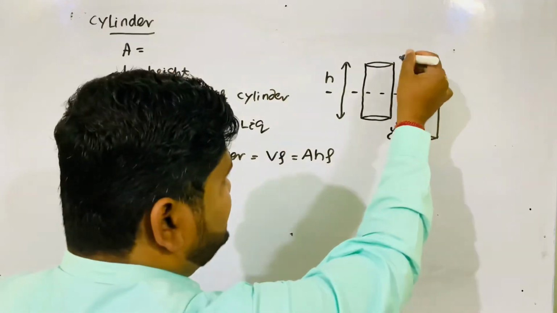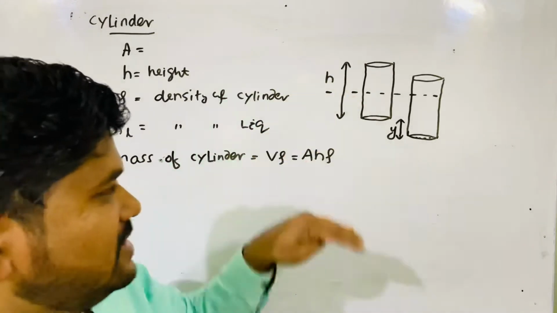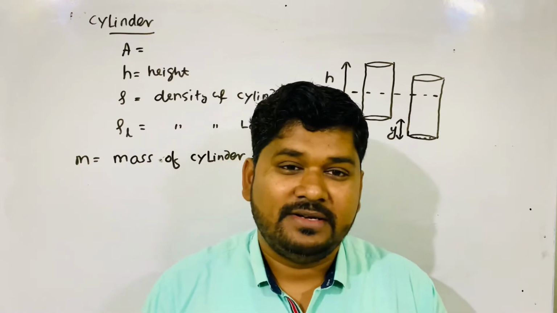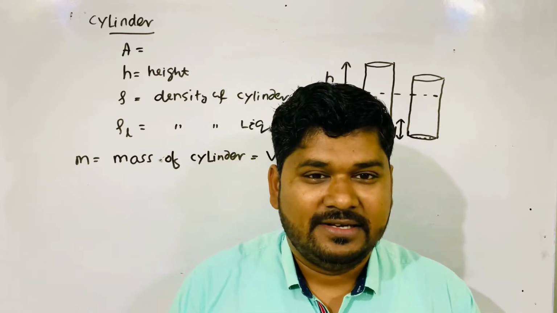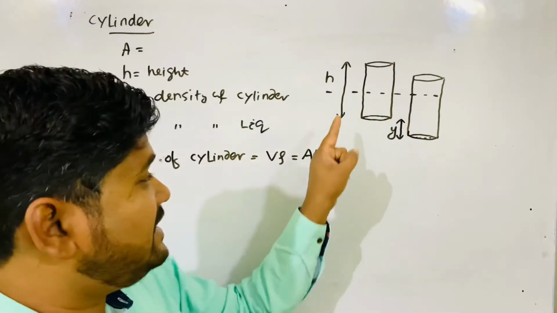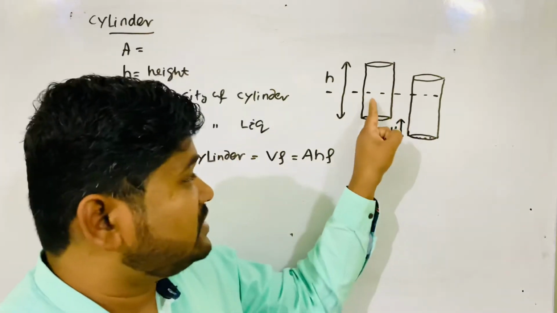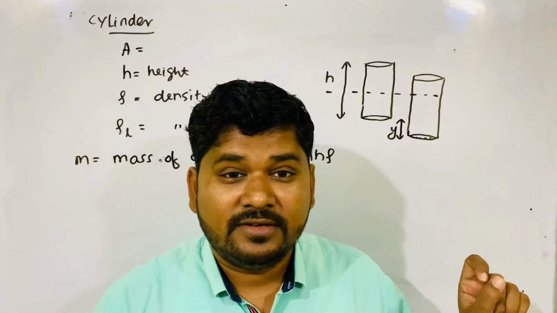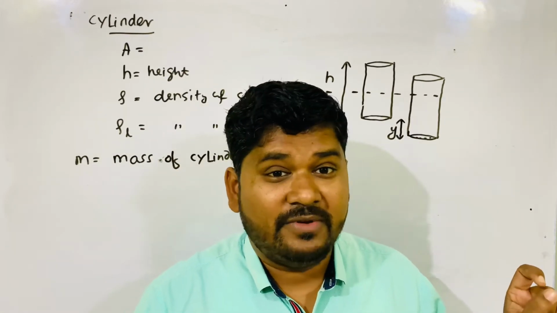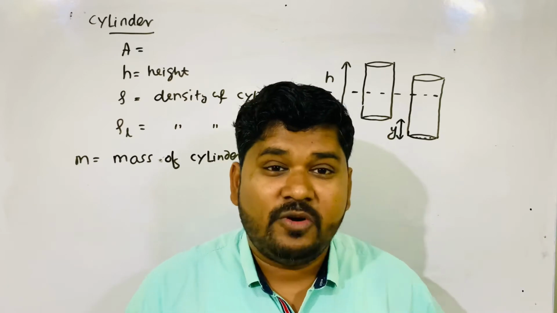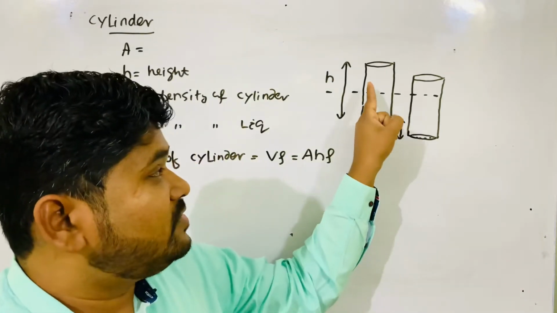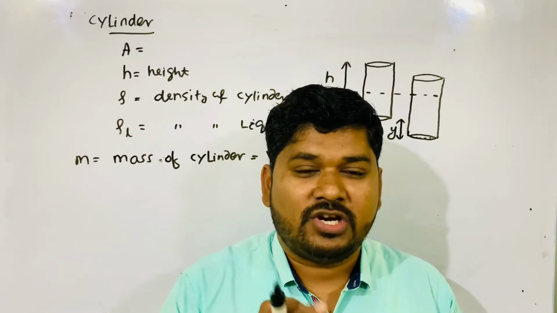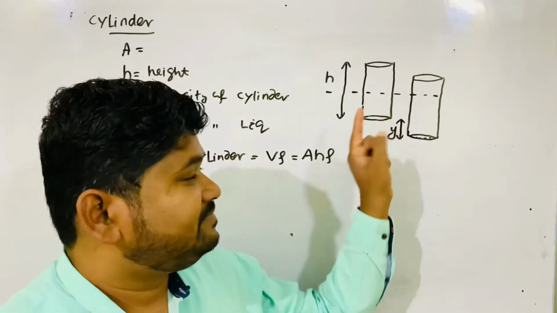Y displacement you do from the top, so it enters y distance more inside the liquid. So initially what was the condition? When it is in floating situation, in equilibrium, weight is equal to thrust. All of you know in fluids, always when something is in floating condition, remember weight equals thrust. First, its weight is equal to thrust in this condition.